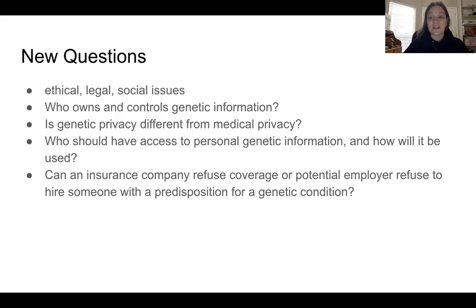If you've ever seen the movie Gattaca, and if you haven't, I think it's one that I can recommend for the most part. The movie takes place in the future, and they have sequenced the whole DNA. At birth, they take a DNA sample, and they predict your lifespan and your risk of different diseases and disorders.